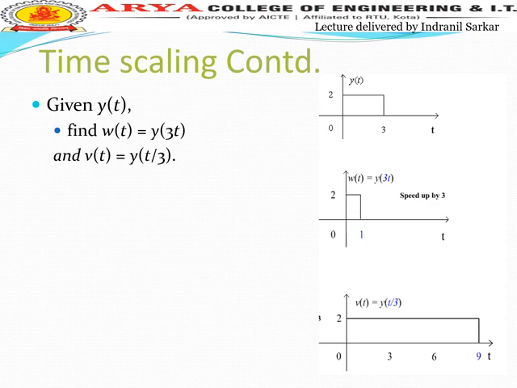If we consider 0 to 3, there is 1, 2, 3, and for that the signal is expanded 3 times. That is why it is represented over here as 3, 6, 9, and the height is again 2. So in case of a less than 1, the signal is expanded, which is represented in the below figure.